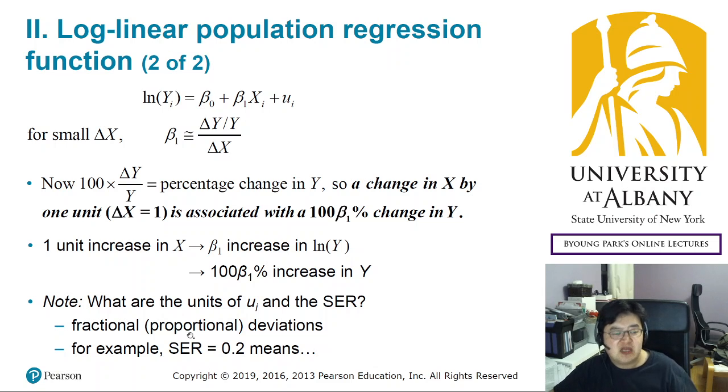So it's a proportional deviation. The deviations, the standard errors, are interpreted as a percentage of y. So always keep this in mind. You need to do it by yourself. Think carefully about what we are doing and how we convert log of y into y and vice versa. Once you understand it, the interpretation should be straightforward.